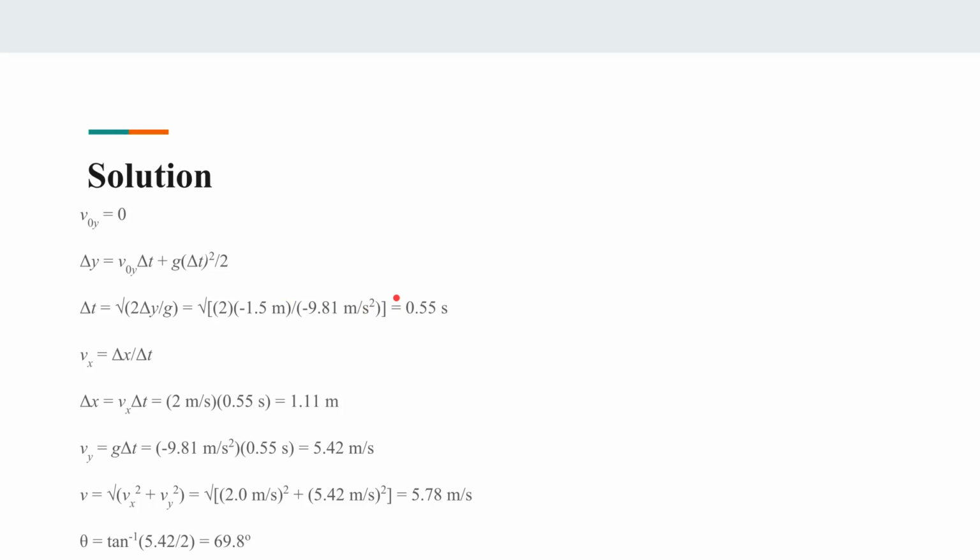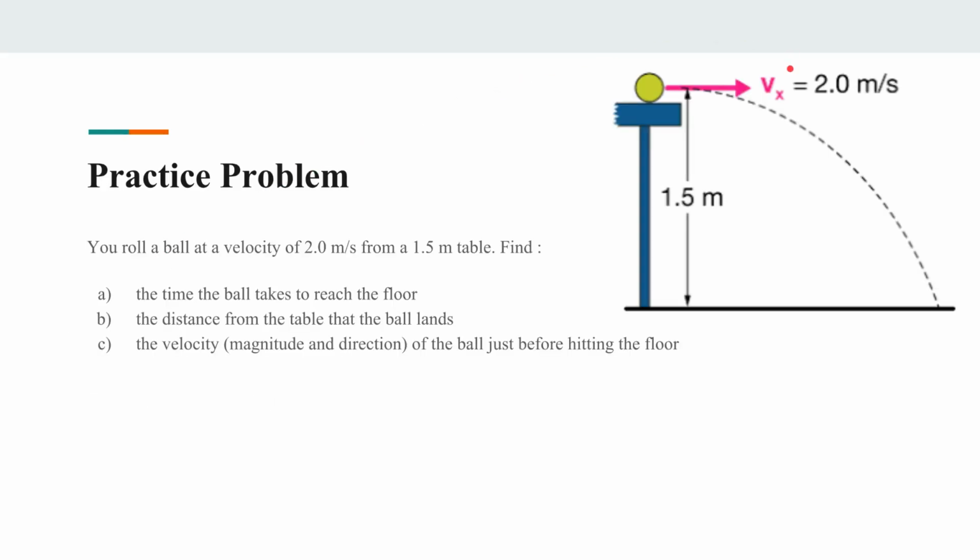So that's your time. Now, if you use the actual definition of velocity, delta x over delta t, then rearrange for delta x. Now, one thing I want to point out, this horizontal velocity will stay constant. Why? Because the y component does not affect the x component.